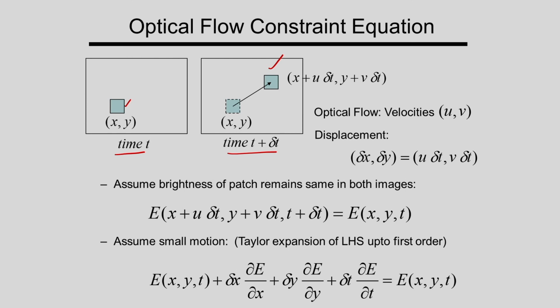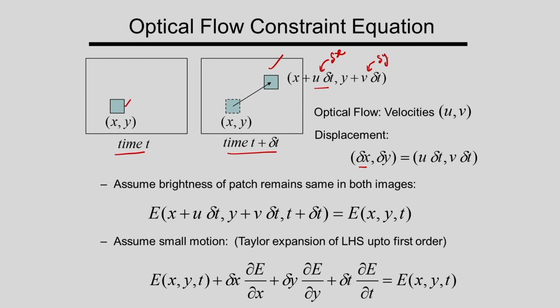Now what will be the position of the patch in the second image? The position will be x plus u delta t, y plus v delta t. So u delta t is nothing but delta x, and similarly v delta t is nothing but delta y.